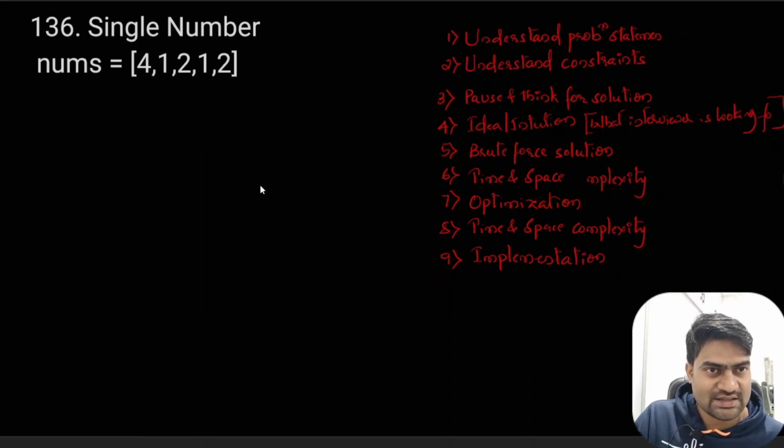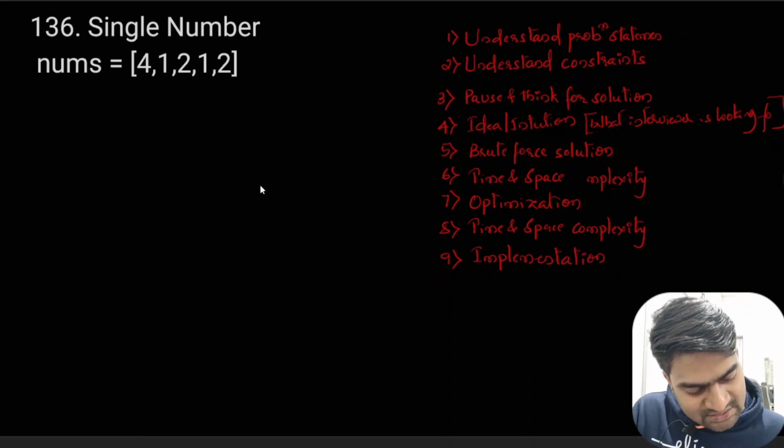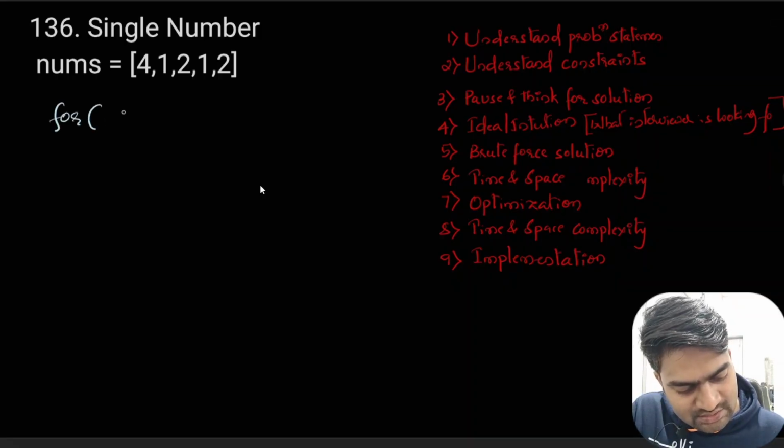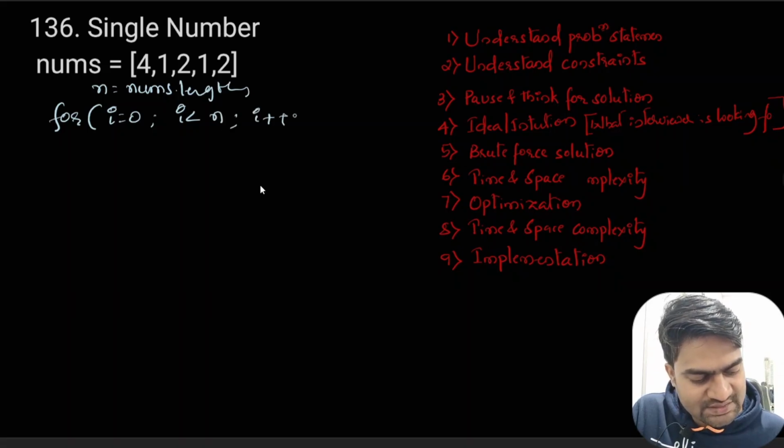With this, let us try to write the pseudocode for this one. I will take a for loop for i equal to 0, i less than n, where n will be nums.length, i plus plus.